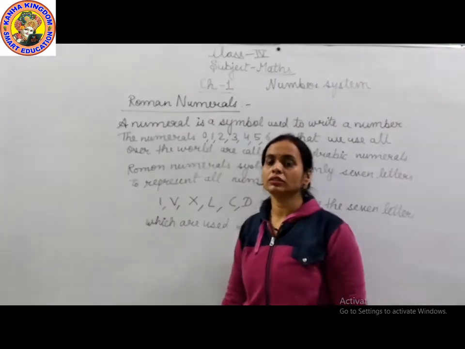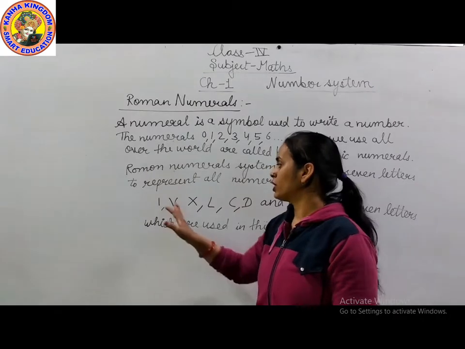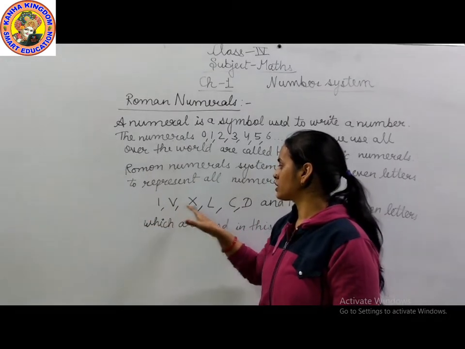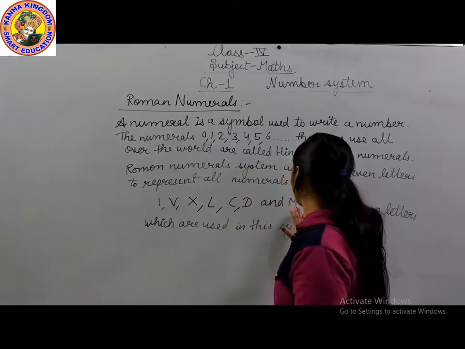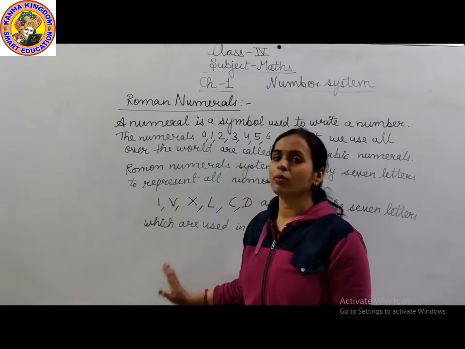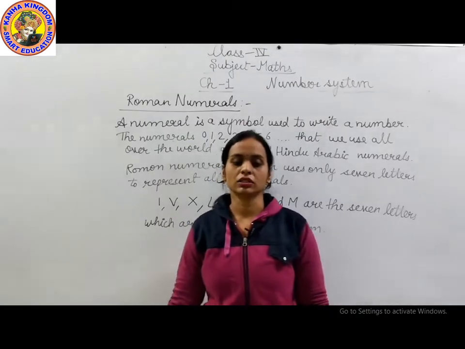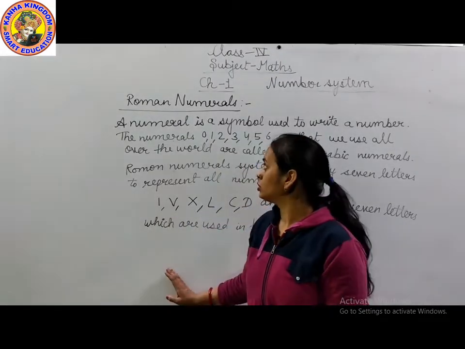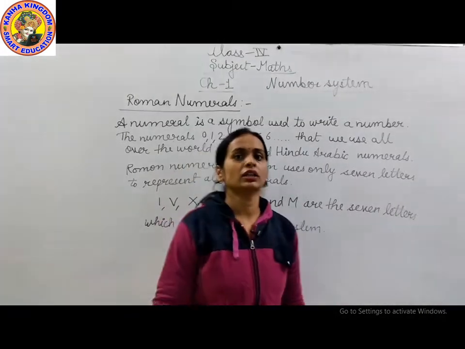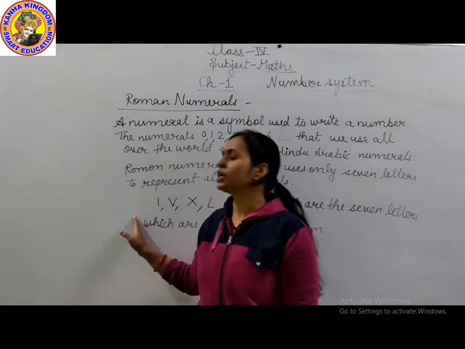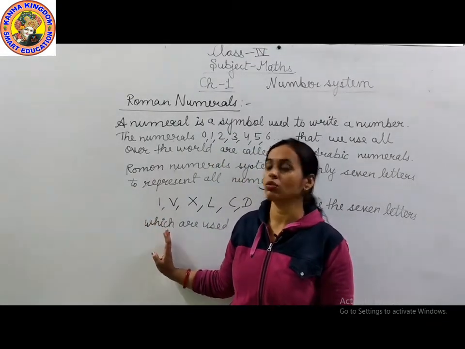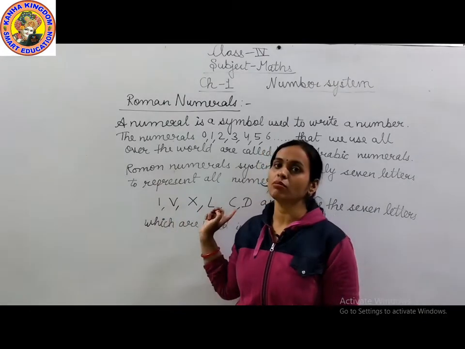In Roman numerals, we use only 7 letters I, V, X, L, C, D and M. Okay? So this is Roman numerals. Next, you just learn it. Write it down in your notebook in neat and clean writing and learn it also. These 7 letters are important.